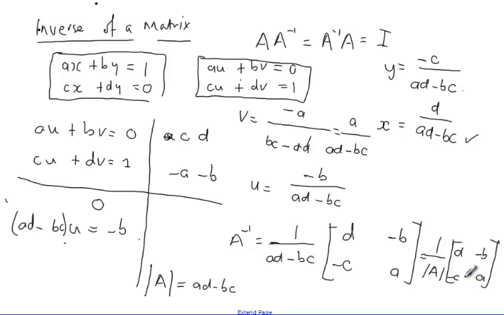Then from there on, you have got a method of finding the inverse of a 2 by 2 matrix. Later, we'll see what to do with matrices of higher order than 2. Thank you for listening. Good luck for the rest of the day.